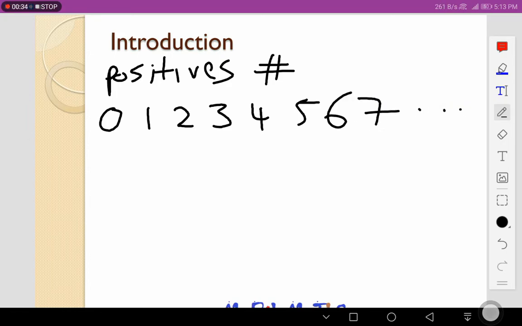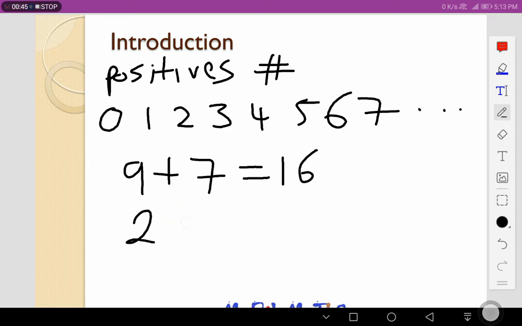They would ask you to add 9 plus 7, and you would get 16. 2 plus 5, and you'd get 7.